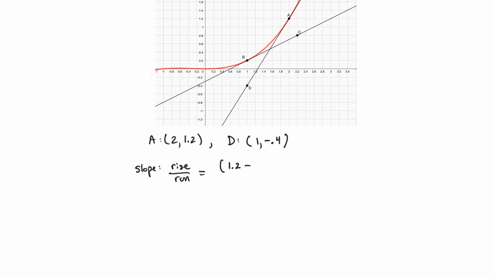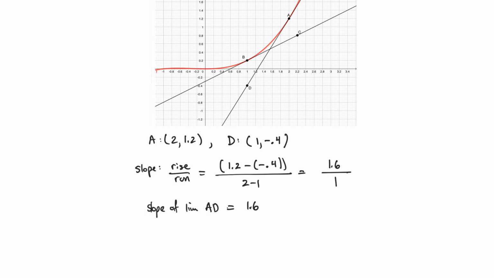We started at negative 0.4, and then the run is just 2 minus 1, so that's easy. If we just do the arithmetic, it's something divided by 1, and 1.2 minus a negative 0.4 would make this 1.6. So our slope of line AD equals 1.6.